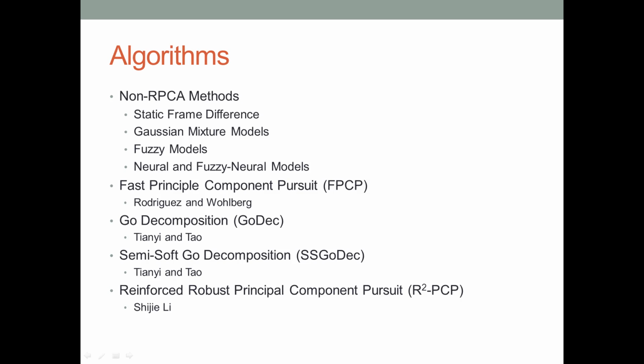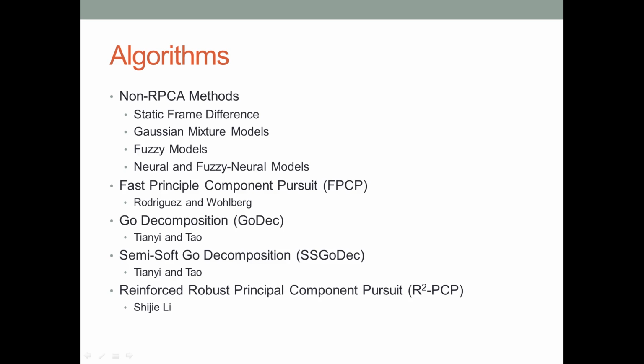So the different algorithms that have been used to pursue video background subtraction, first and foremost, there are several non-RPCA based methods, but listed here are just four that have been frequented earlier than later. I'll list them: the static frame difference methods, Gaussian mixture models, fuzzy models, and then you have neural networks and fuzzy neural networks.